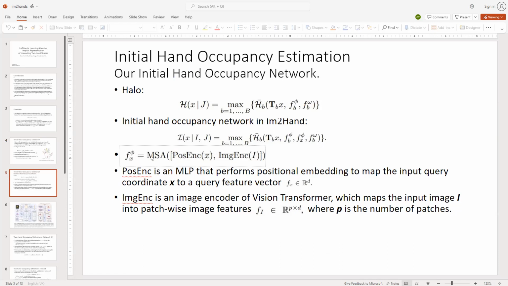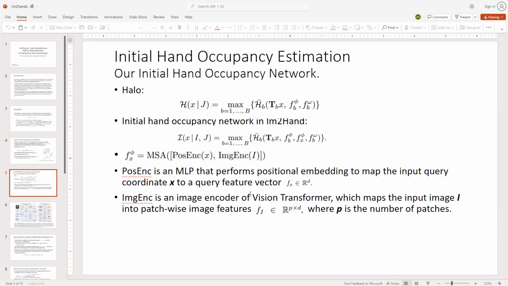So f of x can be expressed like this, which is multi-headed self-attention between positional encoding of the query point x and the image encoding I. And this positional encoding is an MLP that performs positional embedding to map the input query coordinate x to a query feature vector of dimension d.